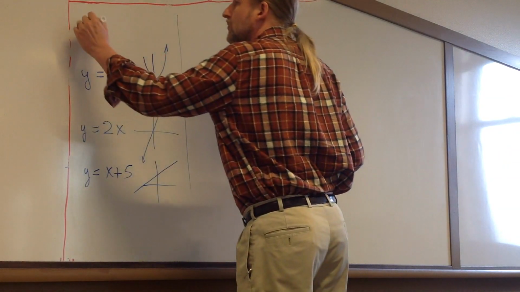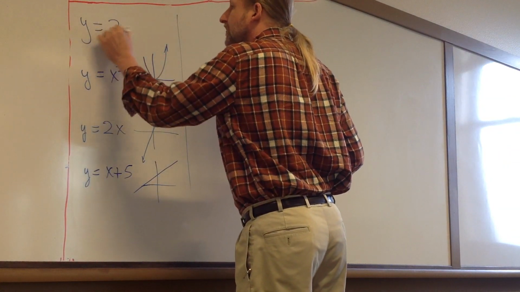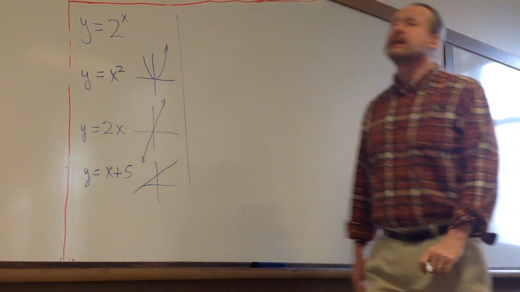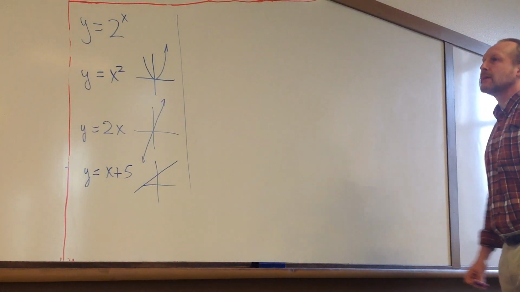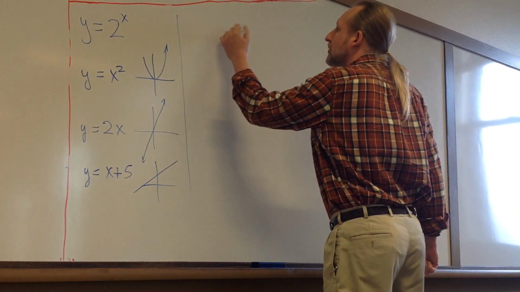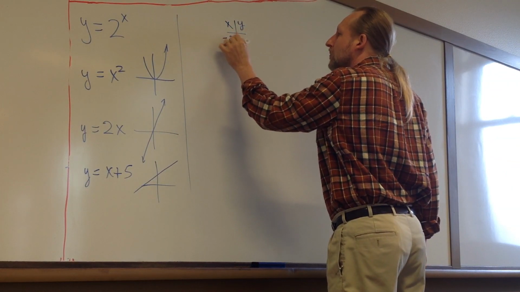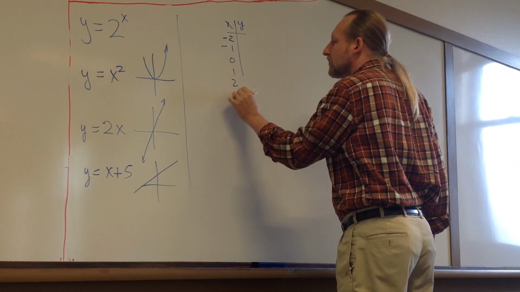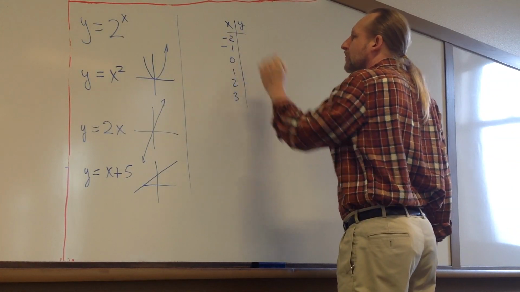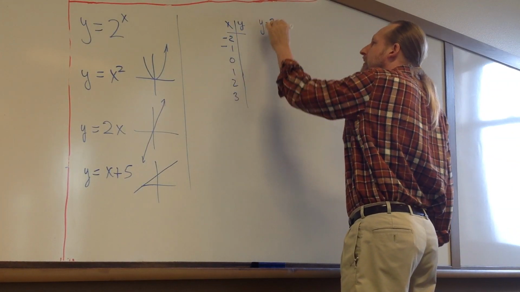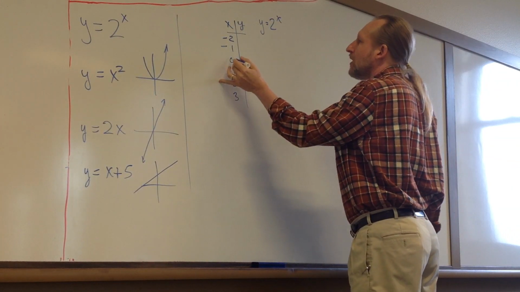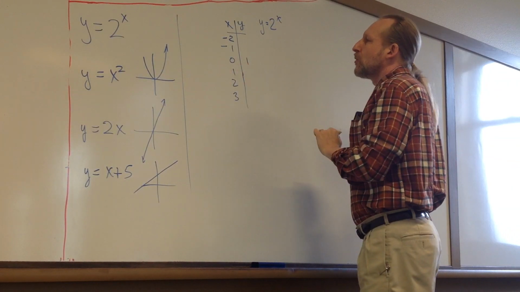And this is where it's actually the variable that is in the exponent. So if we make a little chart for x and y values, I'll put some negative values in there as well. If y is equal to 2 to the x power, when x is 0, y will be 1.